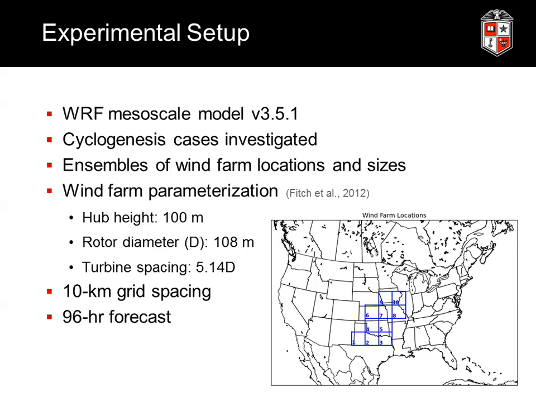The virtual wind farm in the model includes turbines with a hub height of 100 meters, a rotor diameter of 108 meters, and a turbine spacing of just over 5D, which is fairly standard in wind farms in the field today. And this model has a 10-kilometer grid spacing and is run for 96 hours.